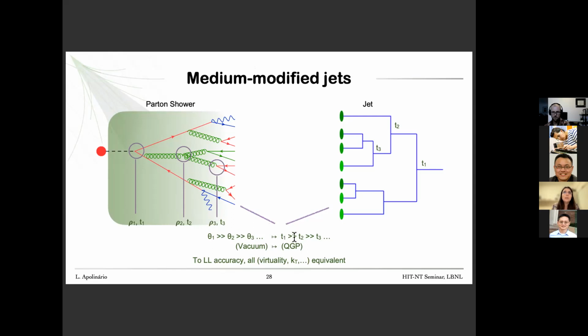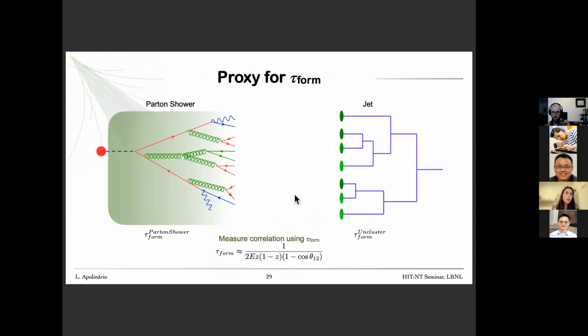But hopefully, at the end, what we will have is, instead of angular ordering behavior as in vacuum, some sort of ordering in QGP related scales. And our hope is that this QGP related scale is the formation time.